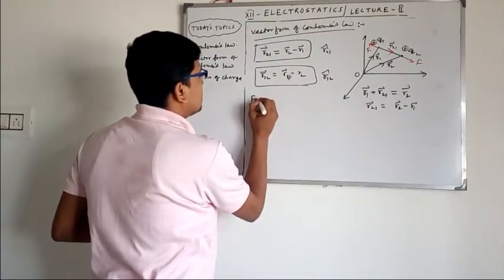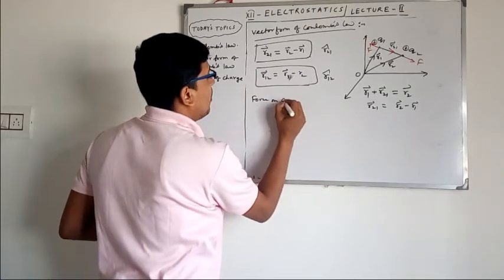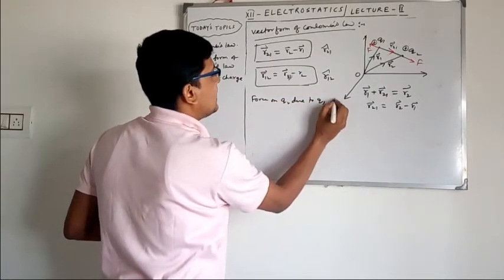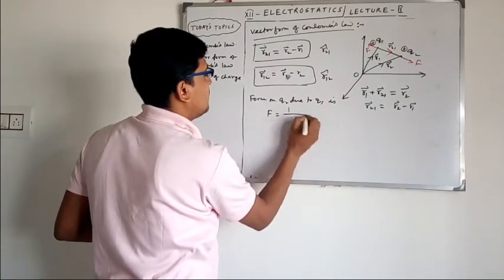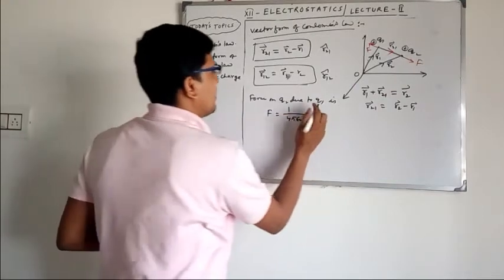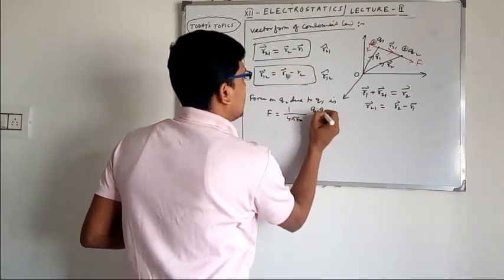Now the force on Q2 due to Q1 is F is equals to, we know the expression, if we keep it in free space, 1/4πε0 Q1 Q2.